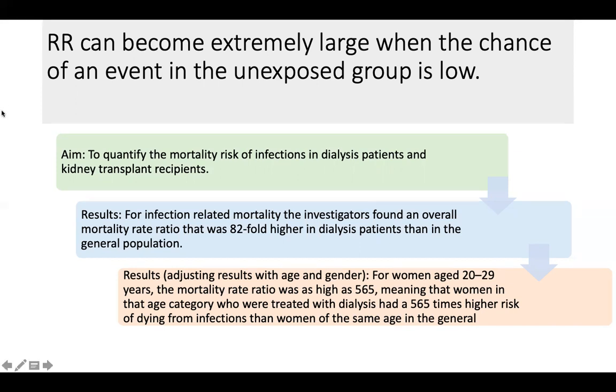The number is tremendously high. That is due to the occurrence of death from infection being very low in the general population, that is 0.01 per thousand patients per year.